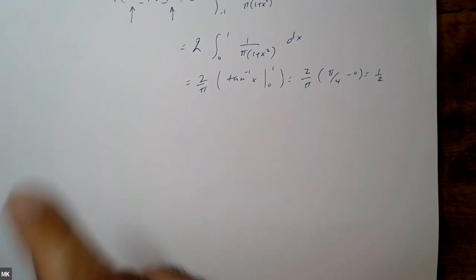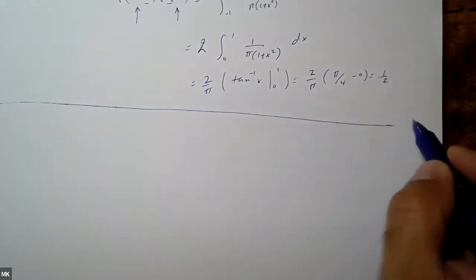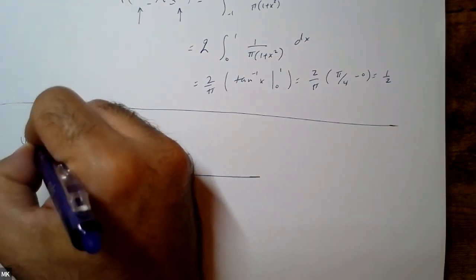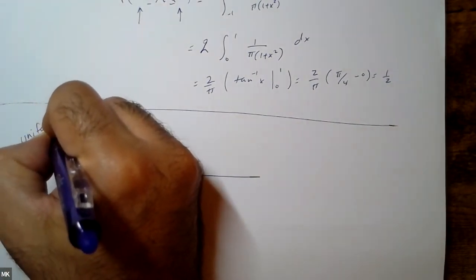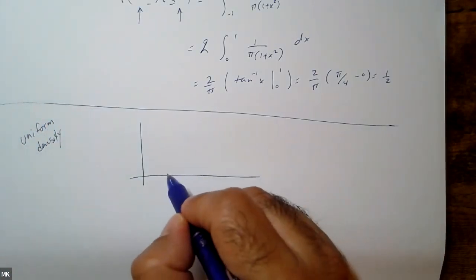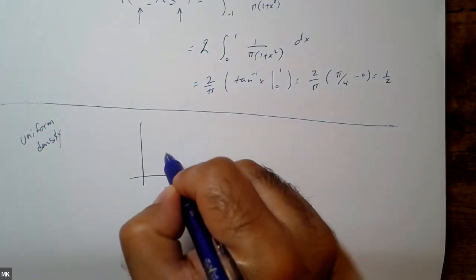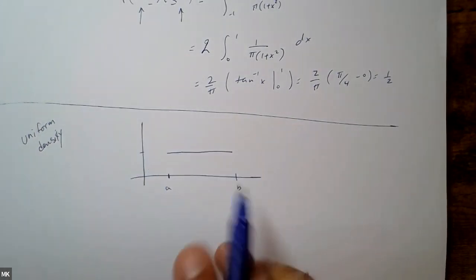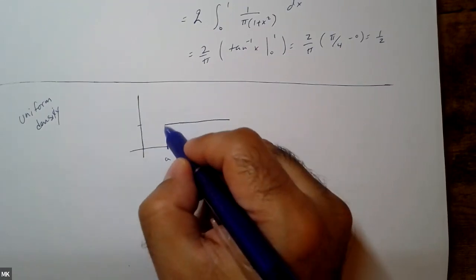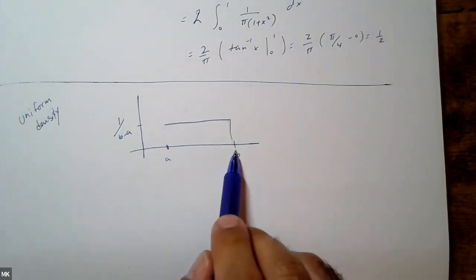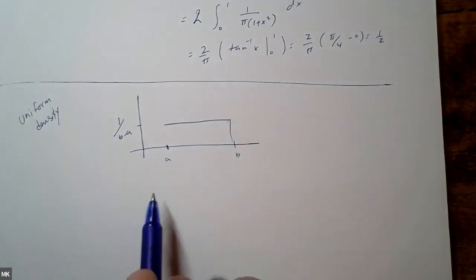One of the nice PDFs for which you can very easily verify some properties is a uniform density. Basically, if this is A and this is B, you have the same probability for everything in between. And in order for the area under the curve to be 1, you want the height to be 1 over B minus A. So B minus A times 1 over B minus A, the area would be 1.